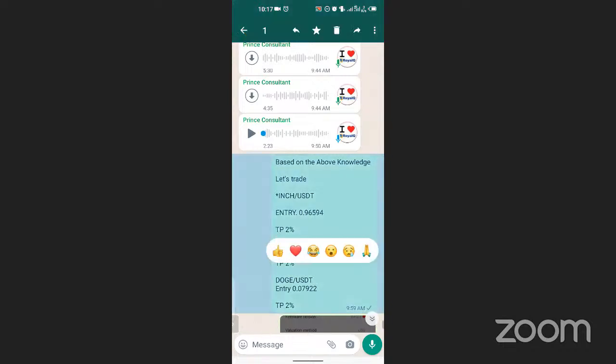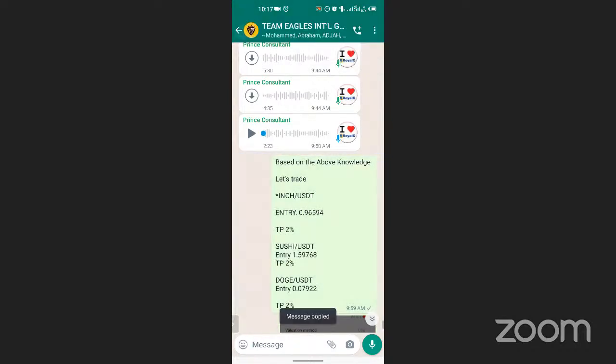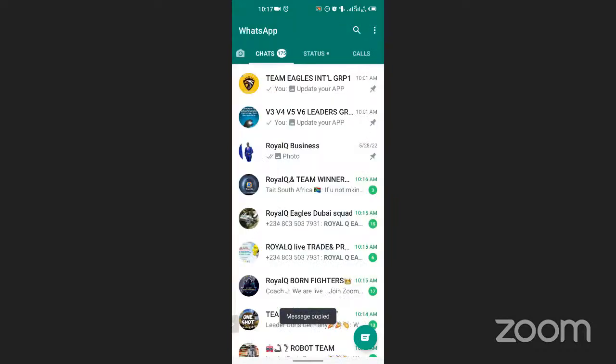Now, I want to share this into this Zoom, but before I share these signals here, I want to start with the knowledge, why we are here, right? And if you understand by yourself the following that I'm going to talk about, you will be able to, starting today, trade by yourself and never depend on anyone, okay?